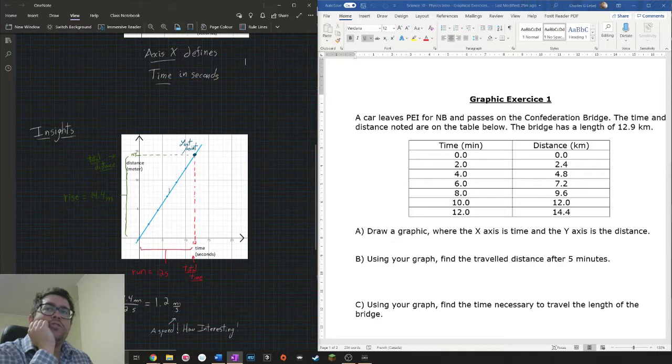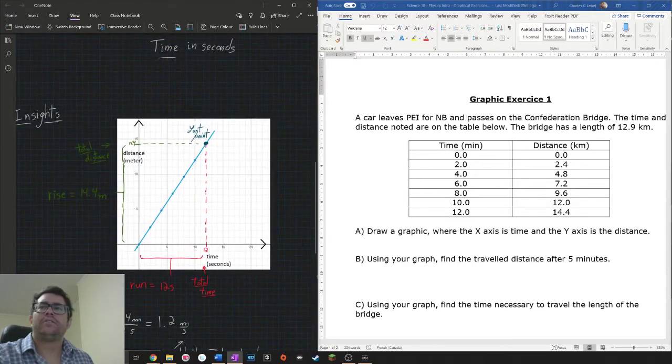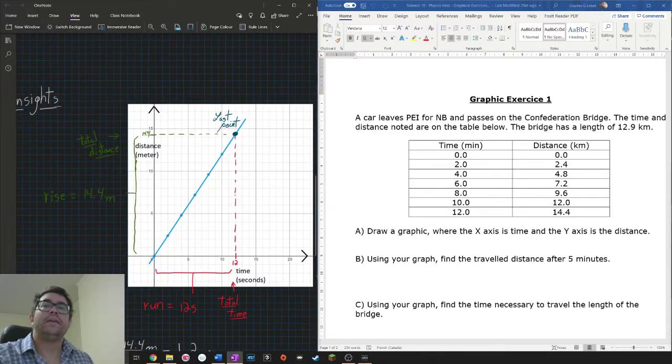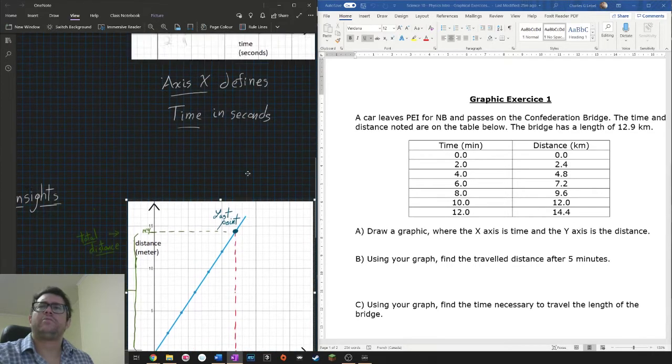Normally we would expect the dots to not fall exactly on the line because there are little mistakes and imperfection, human nature. Okay, so we draw this.